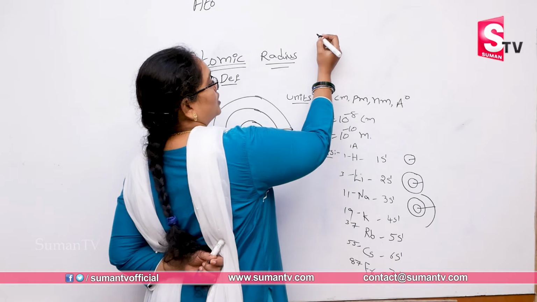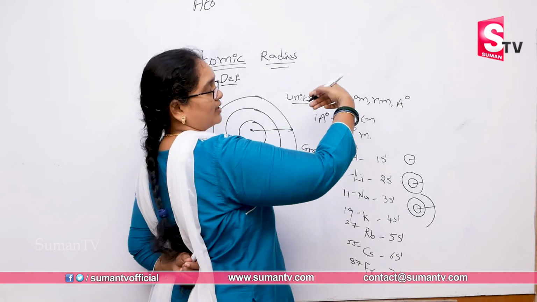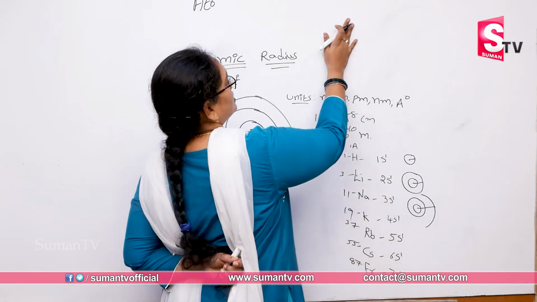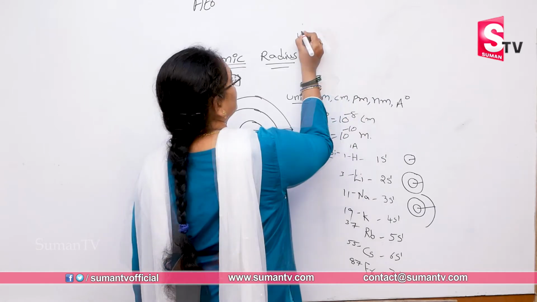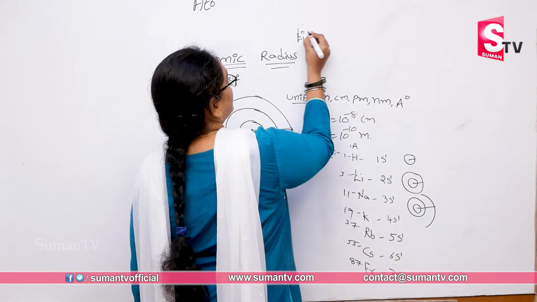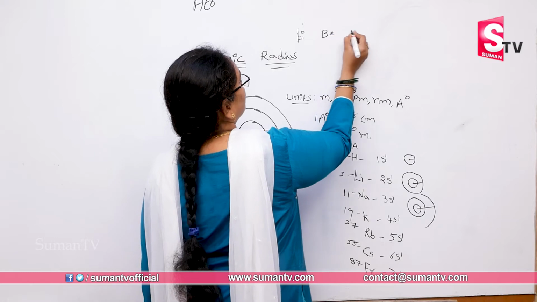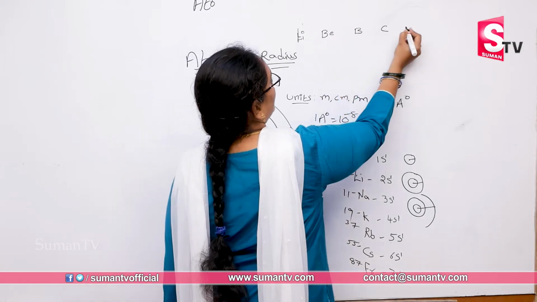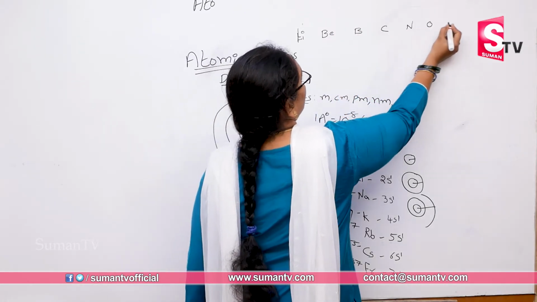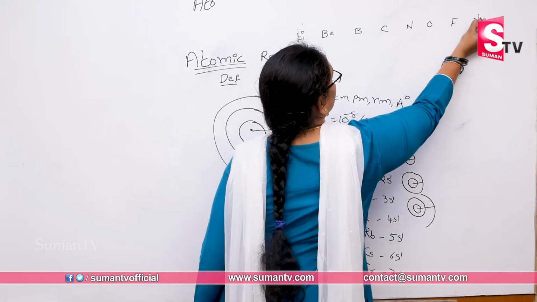Then when we come to periods, we never consider the first period. In the second period, the elements are lithium, beryllium, boron, carbon, nitrogen, oxygen, fluorine, neon.